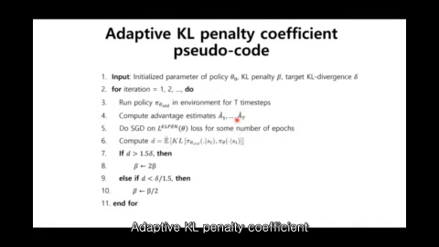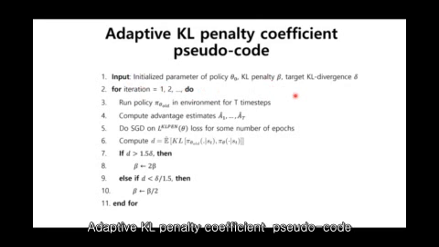Here is the pseudocode of the adaptive KL penalty coefficient. The input of the algorithm is the initialized policy parameter theta 0, the KL penalty beta, and the target KL divergence delta. For each iteration, we run the policy theta 0 in the environment for T time steps and collect the trajectory.